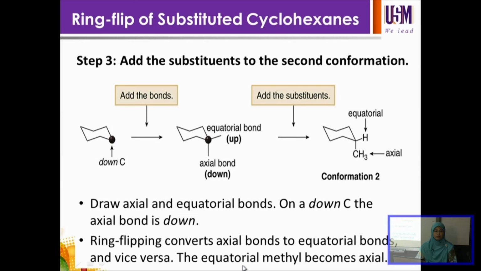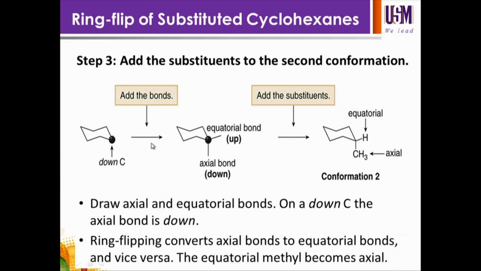So the equatorial methyl group in the previous example will become axial. When initially the methyl group is in equatorial position, during ring flip, the methyl group will become axial, forming conformation number 2.